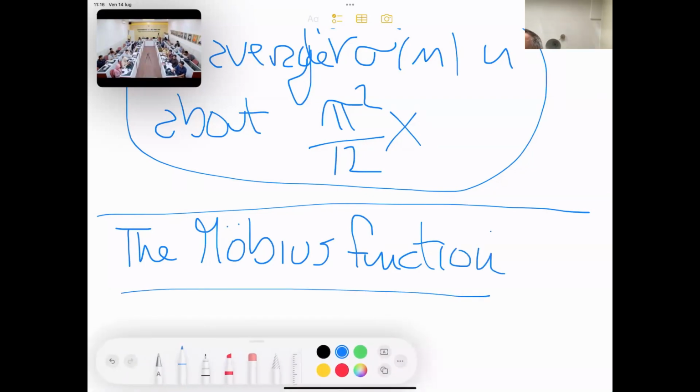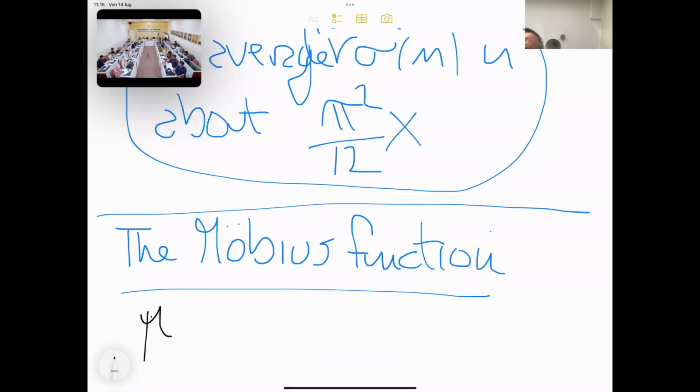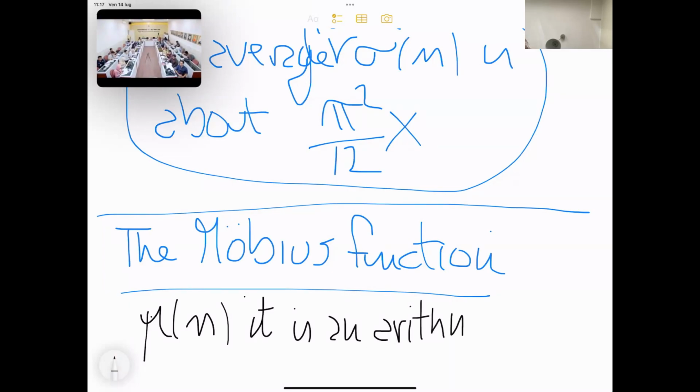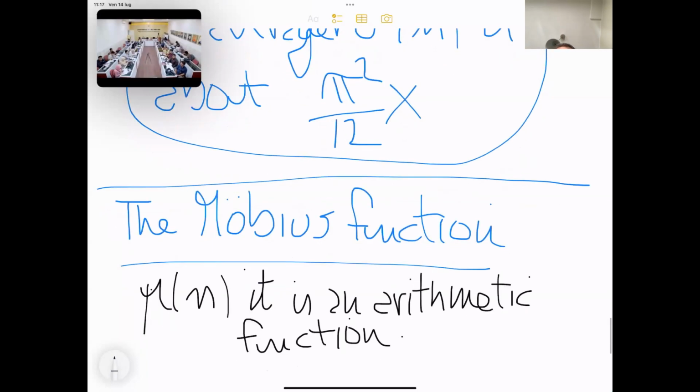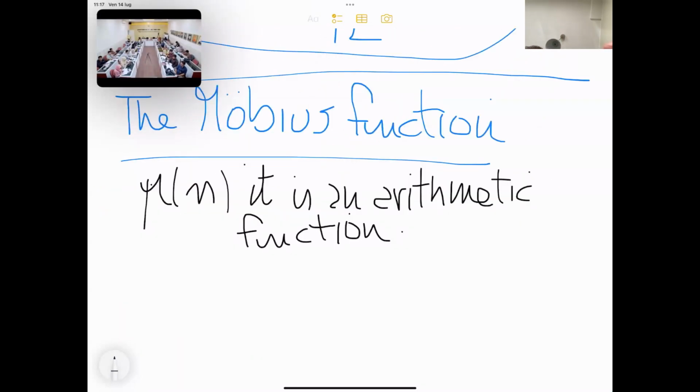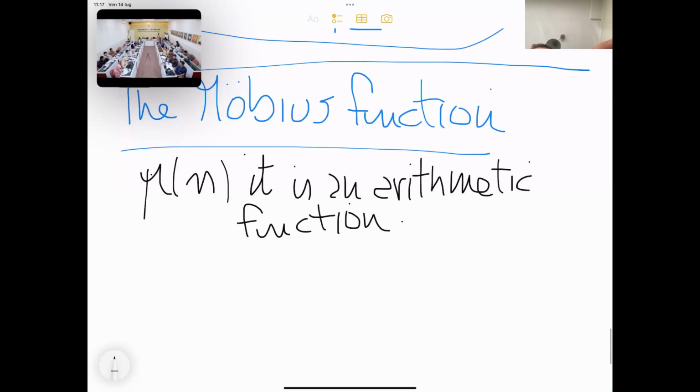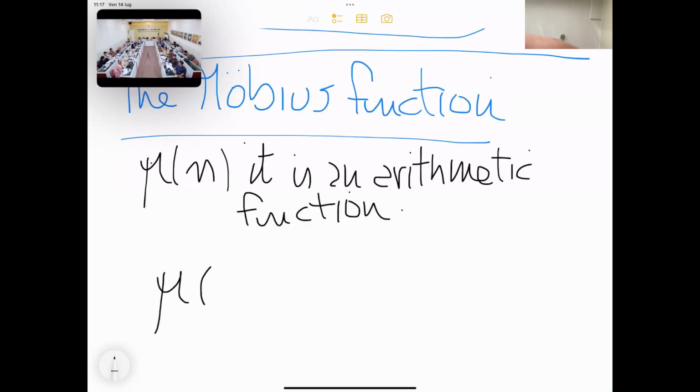So this is again an arithmetic function. So mu of n is an arithmetic function. And so here's the definition. The definition is a bit artificial. So the first time one sees this definition, one wonders if it's the product of some complicated idea.